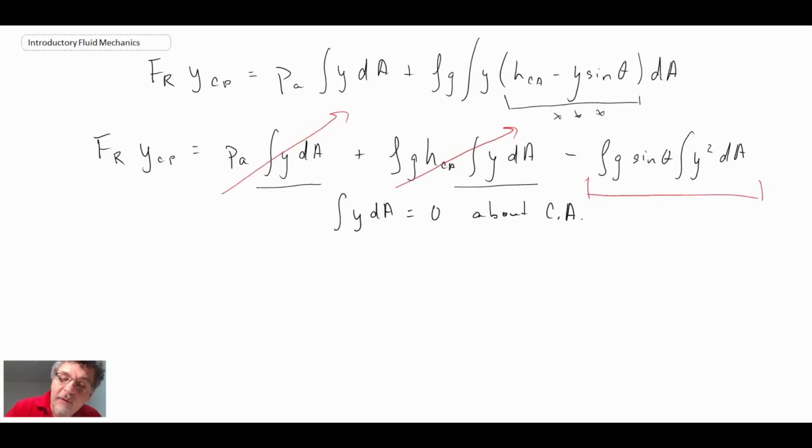And it turns out that the integral is a special integral that we have in that equation, and that is the area moment of inertia.